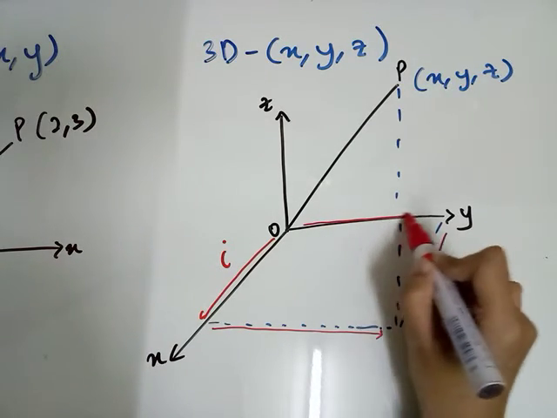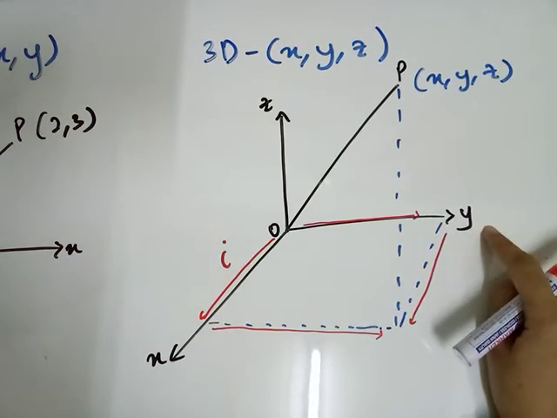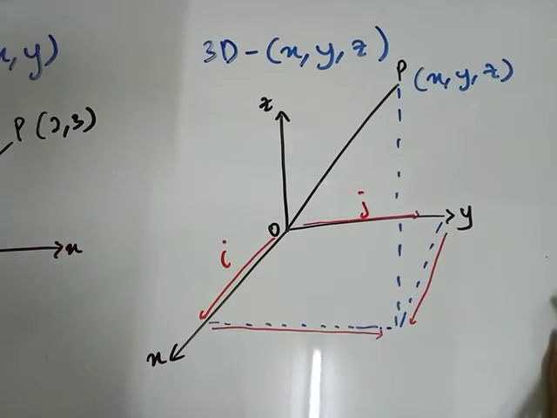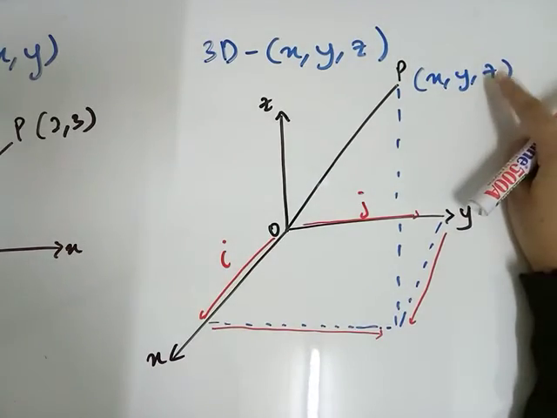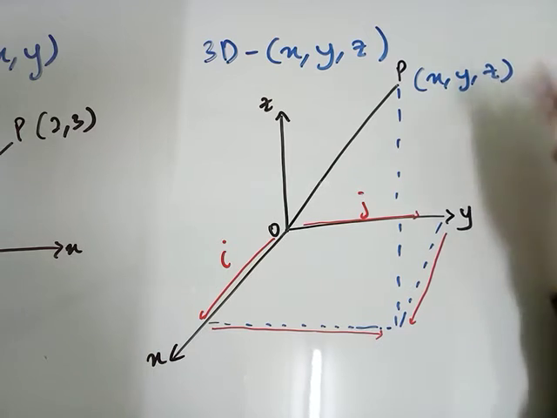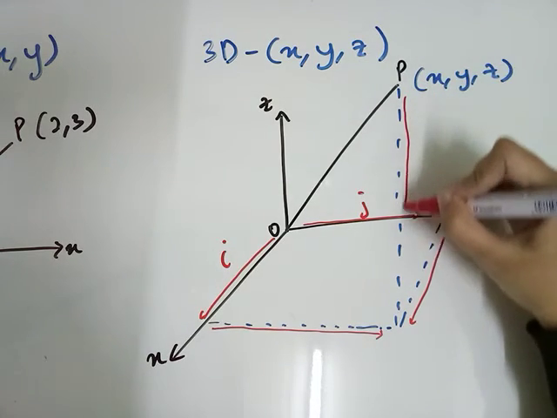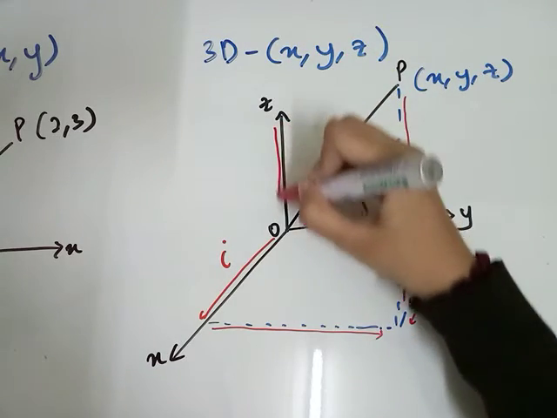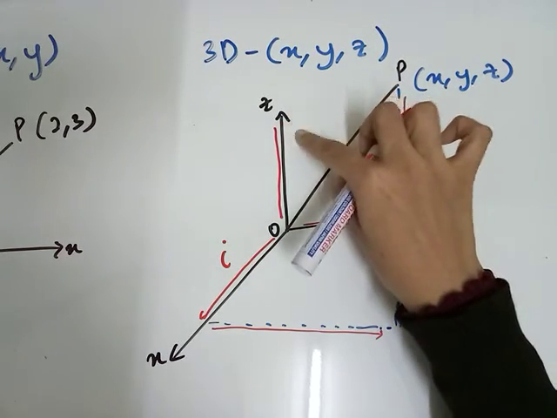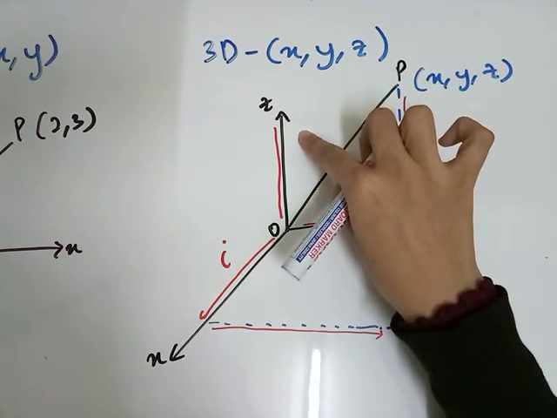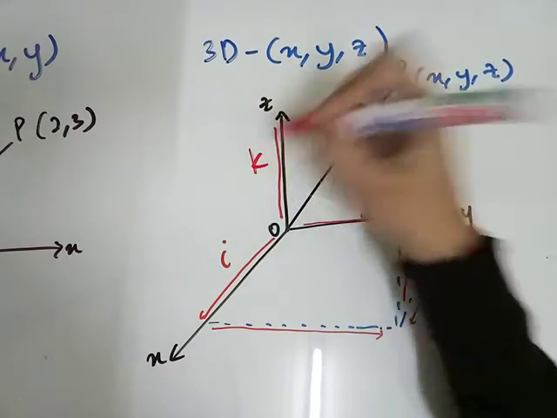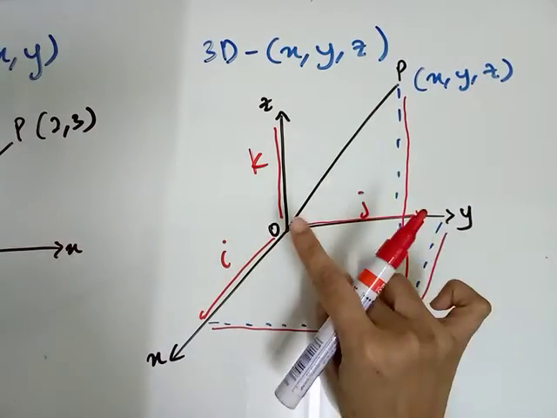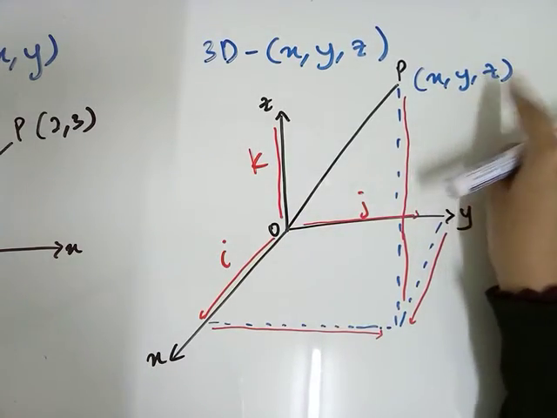So the position for the y-axis is denoted as j. And last one, for value z, it is parallel to the z-axis. So the position vector for the z-axis is denoted as k.